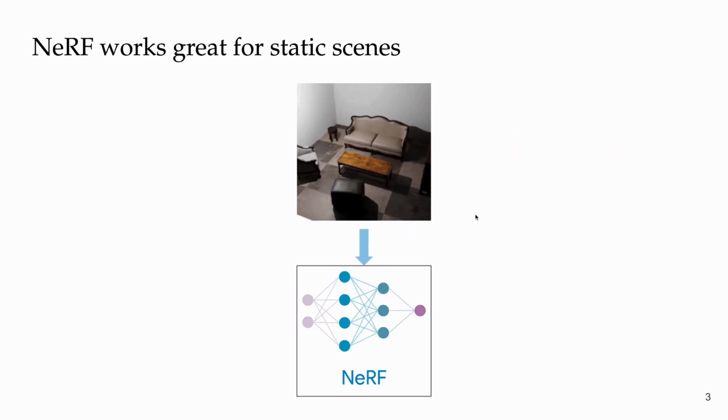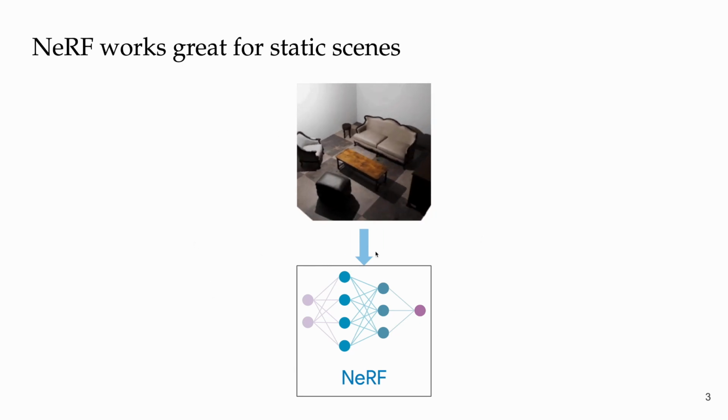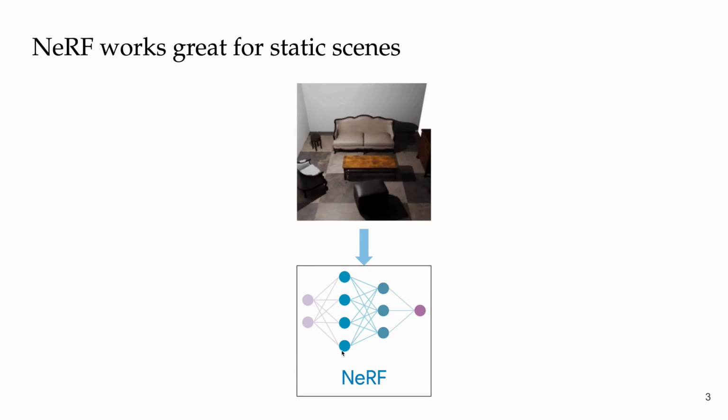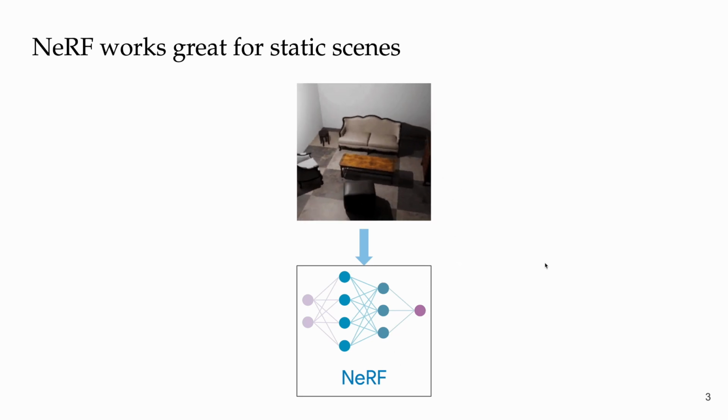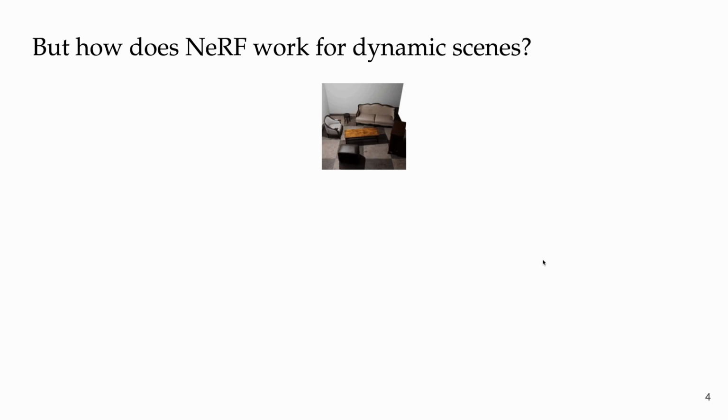It works really great for static scenes, where things are not moving and the lights are not moving. We can represent a static scene very well with a single NeRF. But the challenge is, how do we deal with dynamic scenes with NeRF?